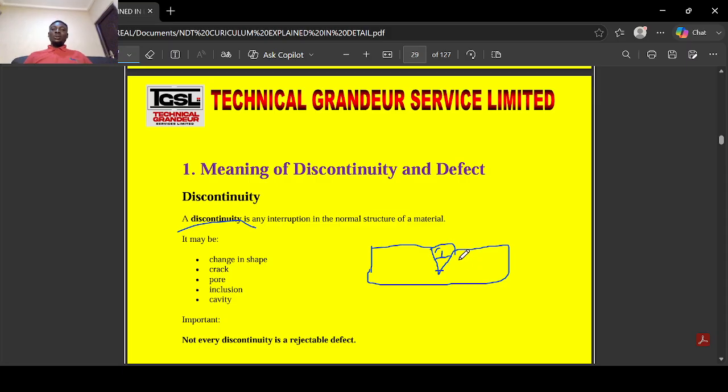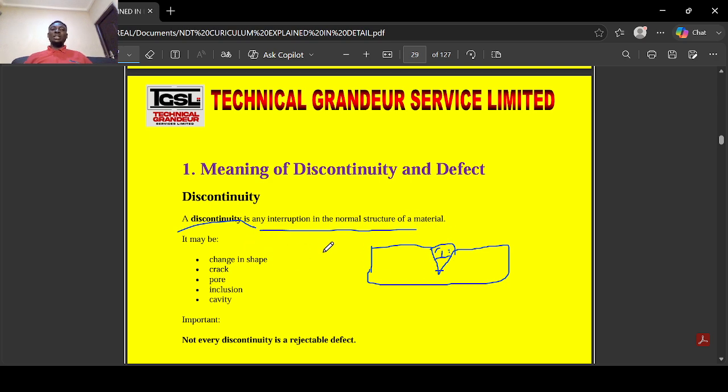All these things stand as an interruption to the weld, like what we rightly defined: a discontinuity is any interruption in the normal structure of a material. All this slag occlusion, lack of fusion, burn through, porosities on the welded joint, all these are discontinuities.